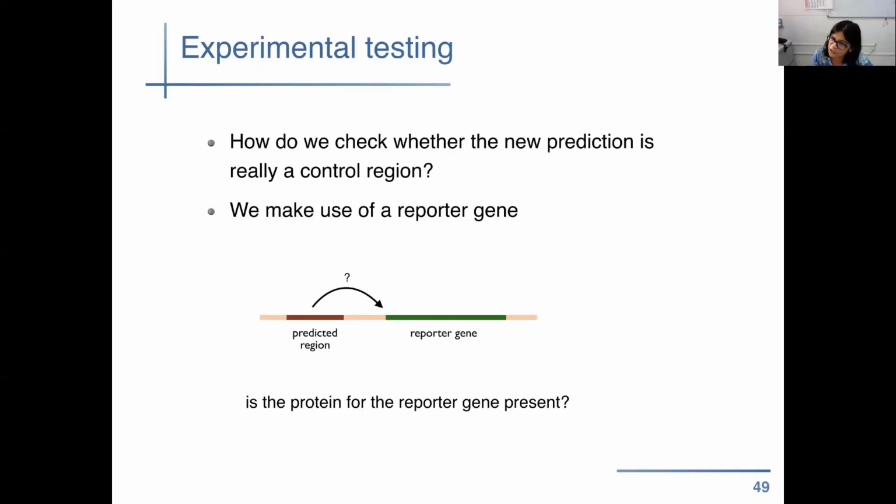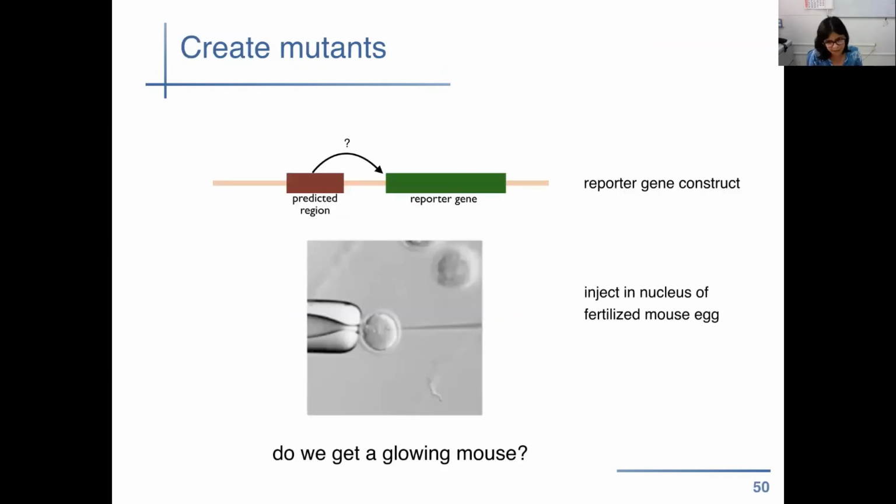You have a reporter gene that glows or has some mark when the protein is expressed, and you place your prediction next to the reporter gene. And then you put that whole thing in your organism of interest, and see whether that gene is expressed. And if it is expressed, then you can say that your predicted region is acting as an enhancer. Okay.